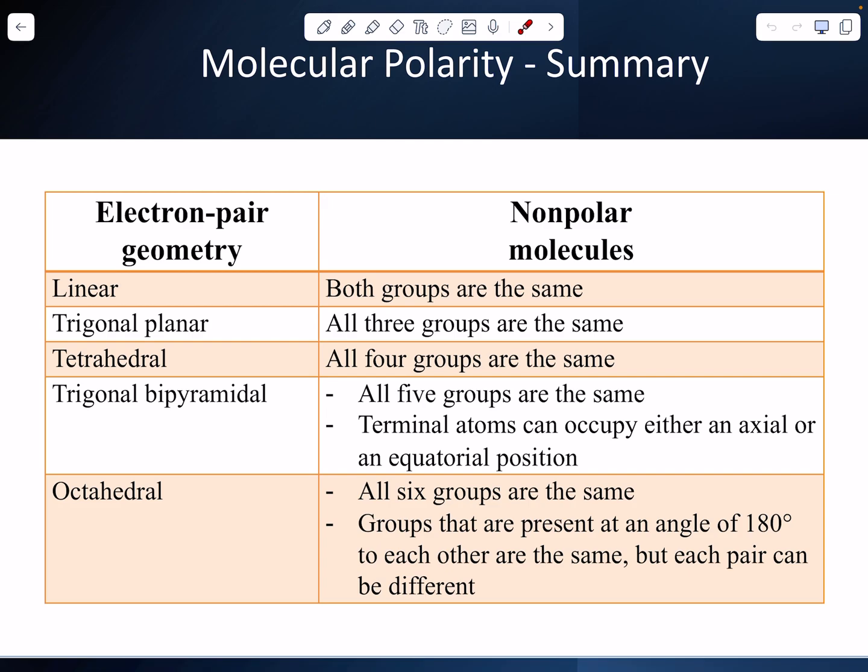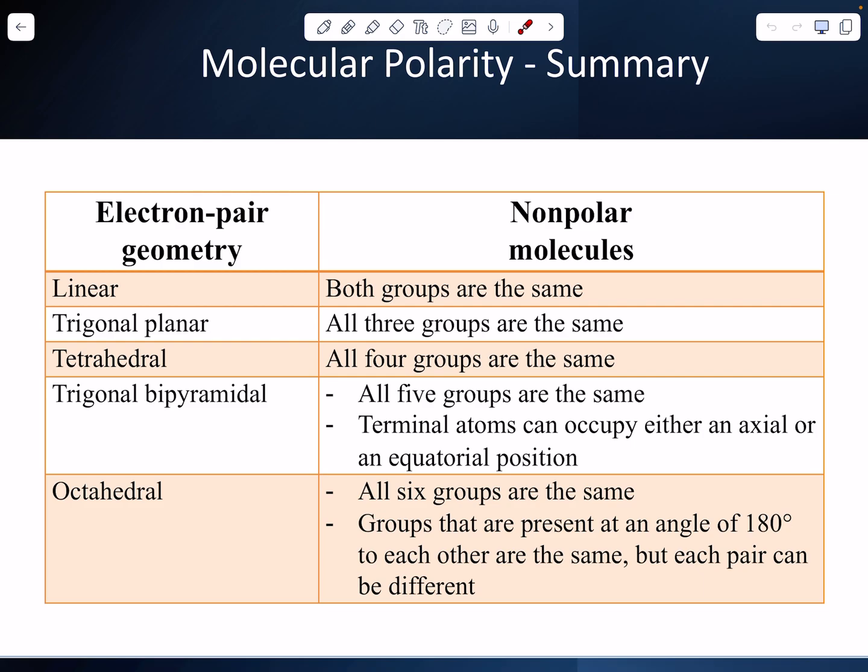And so when we have those shapes, then what we can do is look at the electronegativity of the atoms involved in bonds, figure out if a bond is polar or not, and which way the bond dipole points. And then we look at the distribution of bond dipoles, how they're arranged in space, and we can tell if our molecule is polar or not, okay?